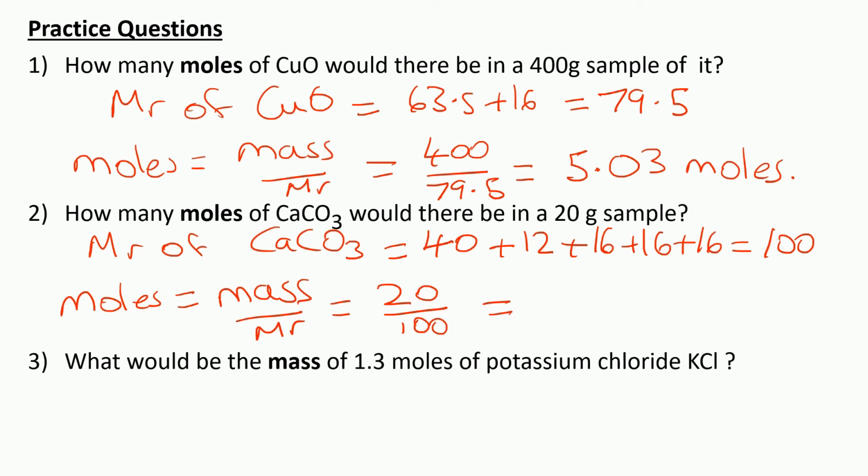In question 3, we're going to be using a different form of the equation, but we still need to work out the MR of potassium chloride first. So MR is potassium, which is 39, plus 1 chlorine is 35.5. So the total MR is 74.5.